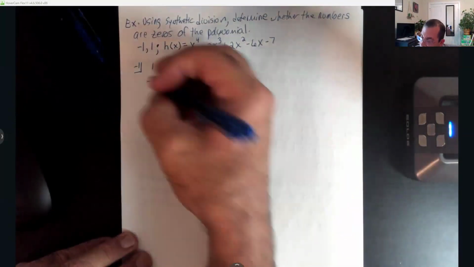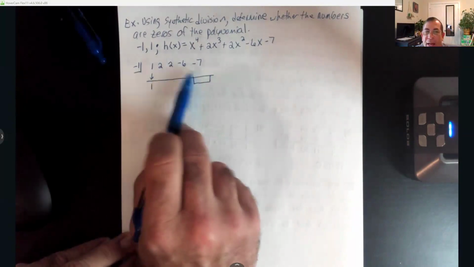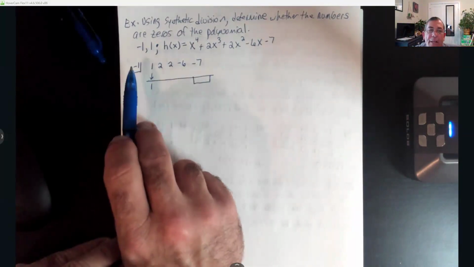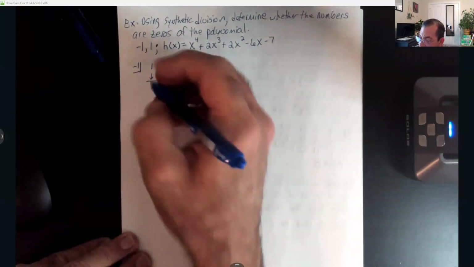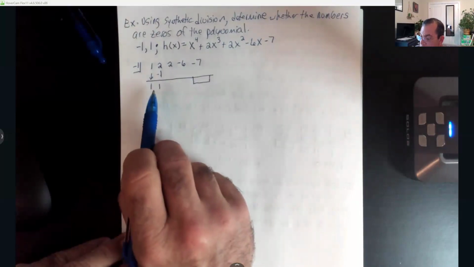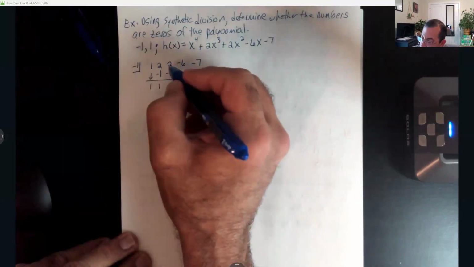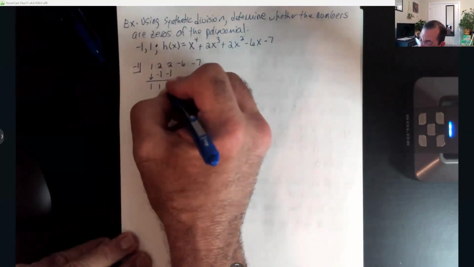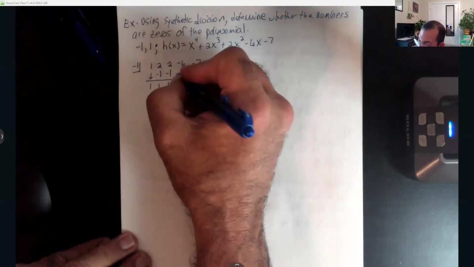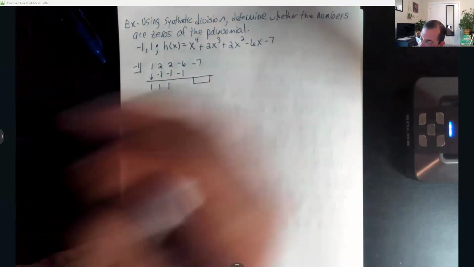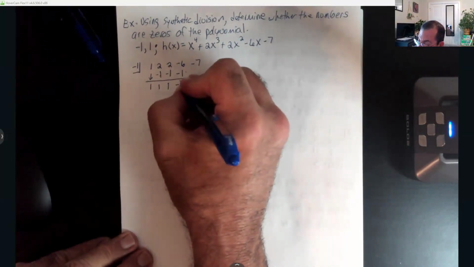All right, y'all, so here comes the fun part. Bring that first number down. And then we're going to multiply and add until we get done. So 1 times -1 is -1. 2 and -1 give me 1. 1 times -1 is -1. 2 plus -1 is 1. 1 times -1 is -1. -6 plus -1 is -7.